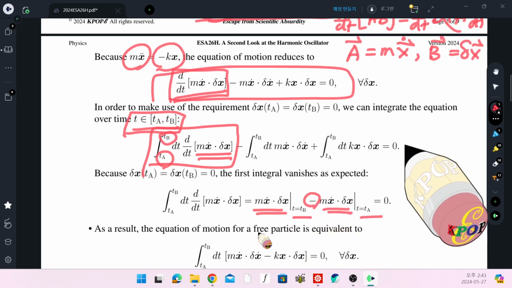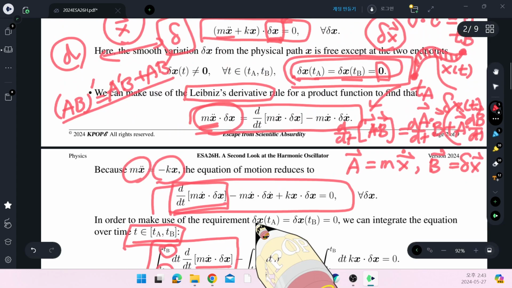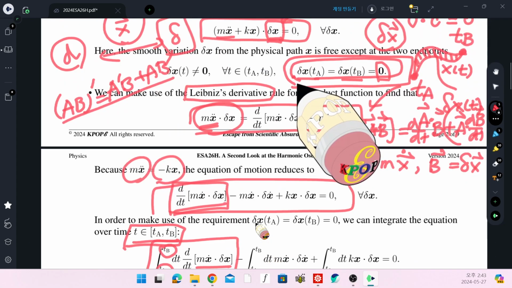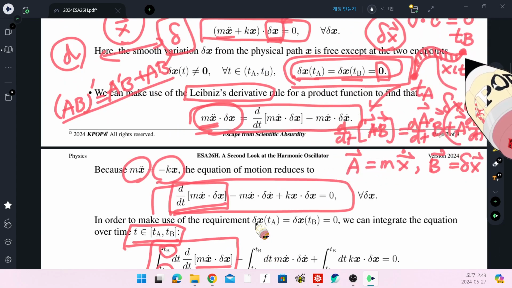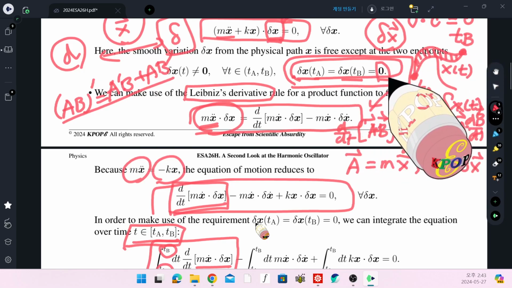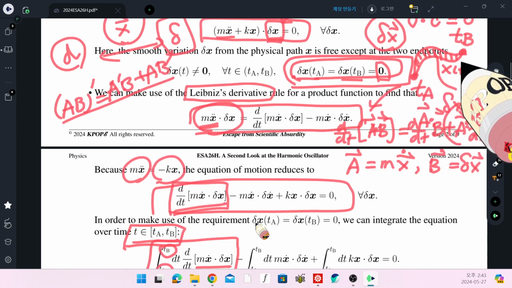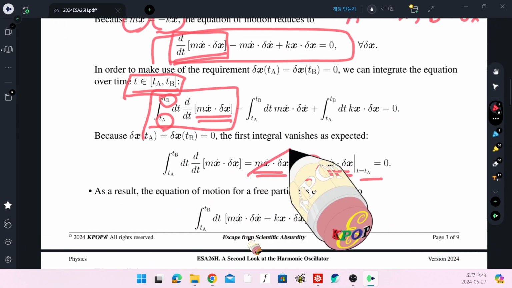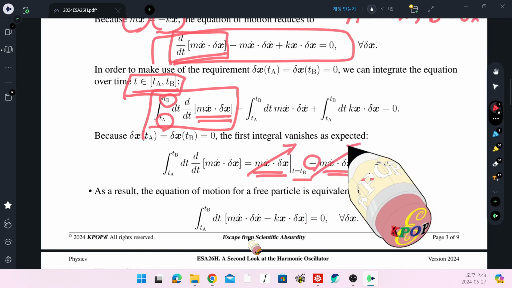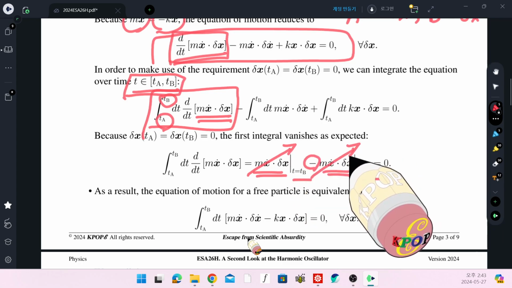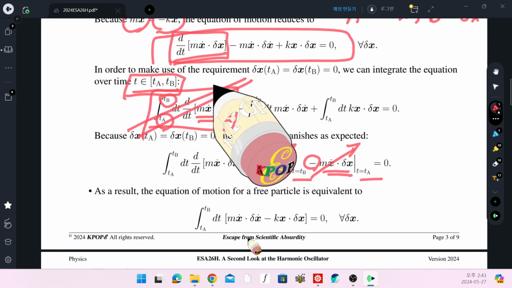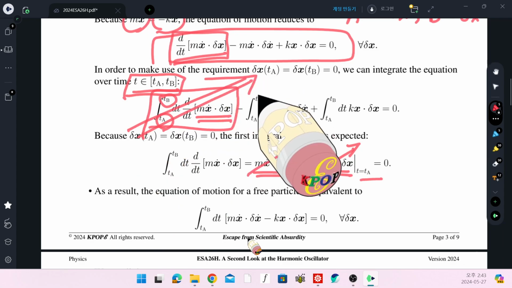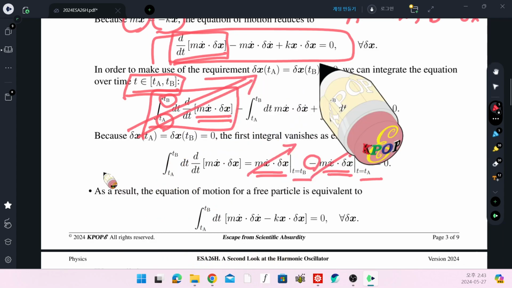By the way, we have a constraint that the variation from the physical path to an arbitrary path is 0 at both endpoints. As a result, this is 0, this is 0. So this will remove this complicated total derivative term in the equation.